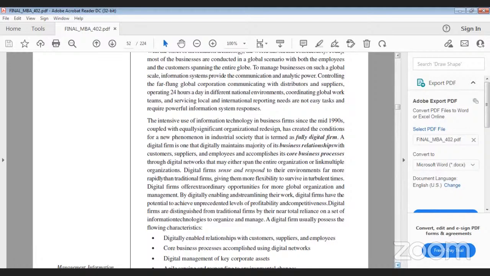A digital firm is one that digitally maintains the majority of its business relationships with customers, suppliers, and employees, and accomplishes its core business processes through digital networks that may either span the entire organization or link multiple organizations. A digital firm usually possesses certain characteristics.